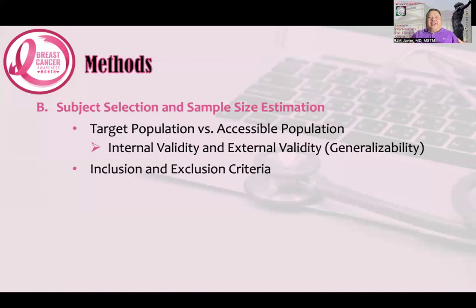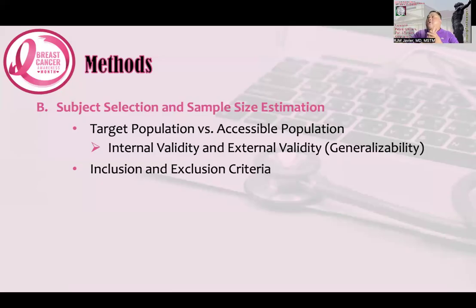Of course, if there are workers, let's say, for example, who are visually impaired, you cannot expect them to do the manual Purdue pegboard test as efficiently as those who are not suffering from visual impairment. So visual impairment could be an exclusion criterion when it comes to that particular study.